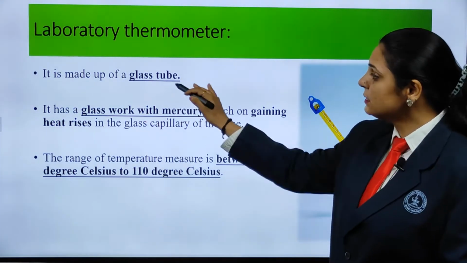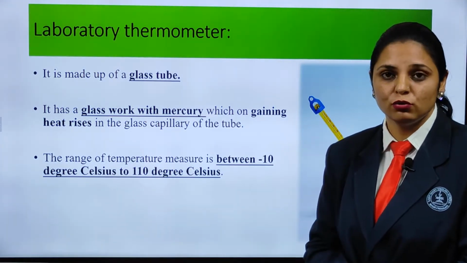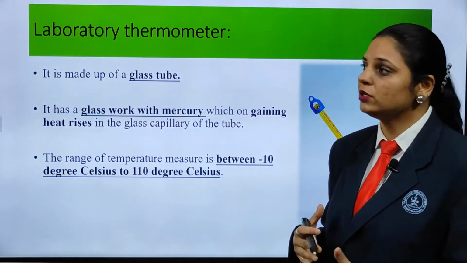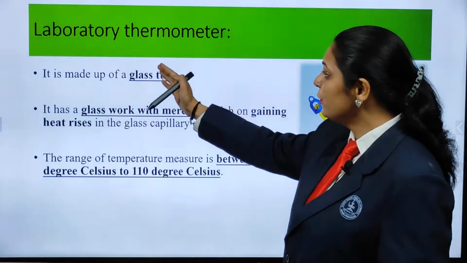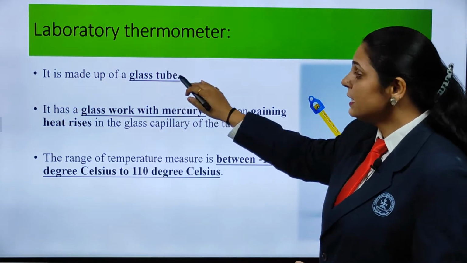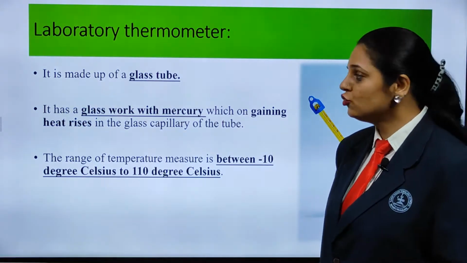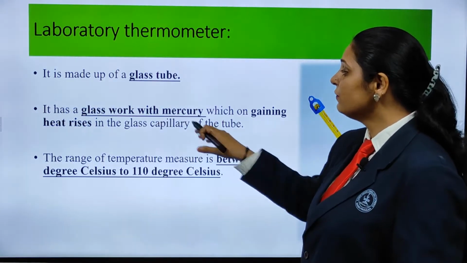Here it is made of a glass tube. You must know about the construction, what it is made of and what it looks like. The laboratory thermometer consists of a glass tube with mercury.